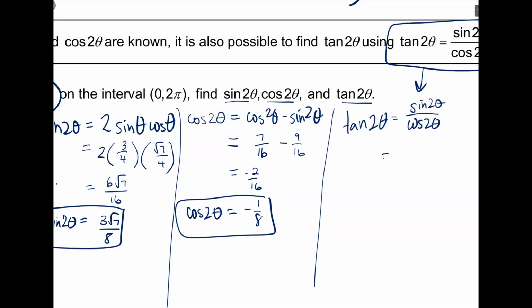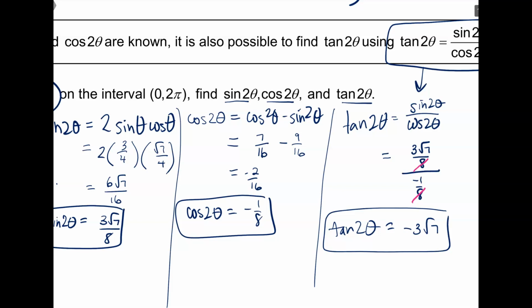Just plugging in the two things we got: 3 root 7 over 8 all over negative 1/8. The 8's cancel out. Tangent of my double angle is just going to be negative 3 root 7. Perfecto.